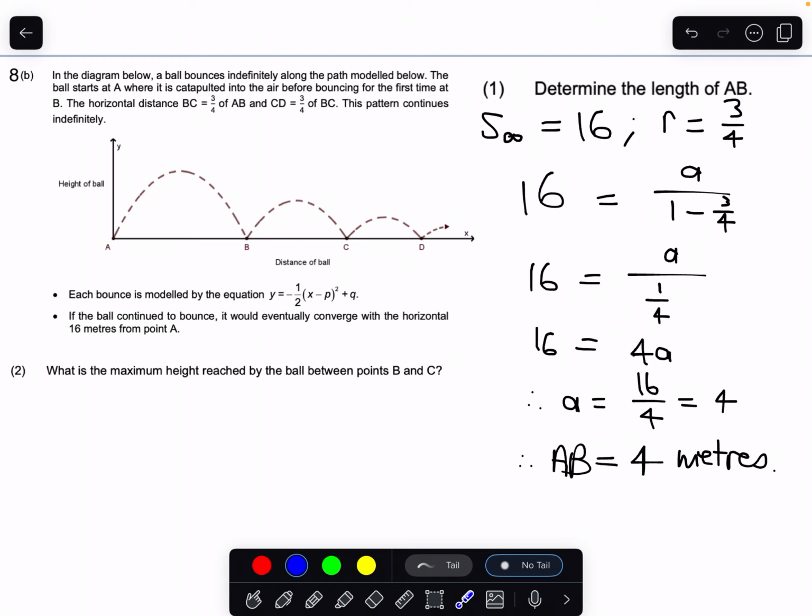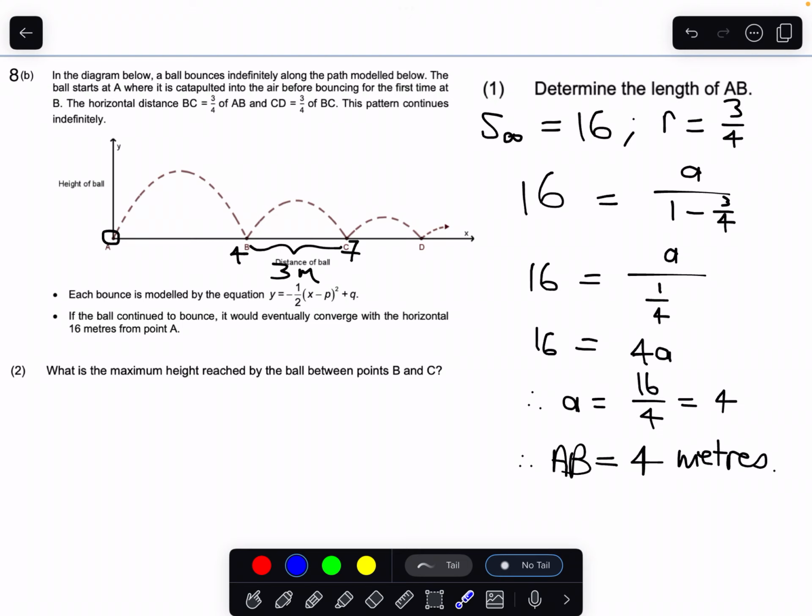So we just need to figure out these two, which we can do because if we treat this as the origin, we now know that the x-coordinate of B is 4, and BC is going to be 3/4 of 4 meters, so this is going to be 3 meters. So the x-coordinate of C is going to be 7. Then we can use our intercept form of a quadratic function to then eventually rewrite it in this way.